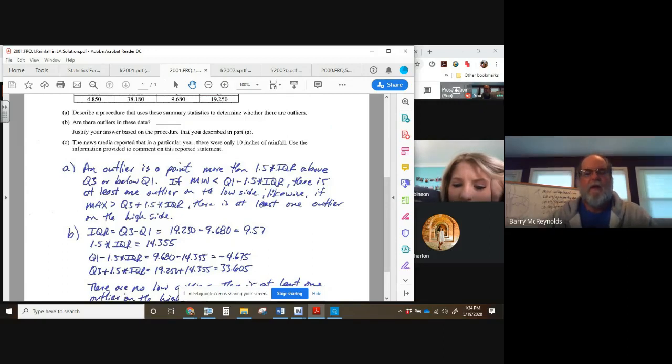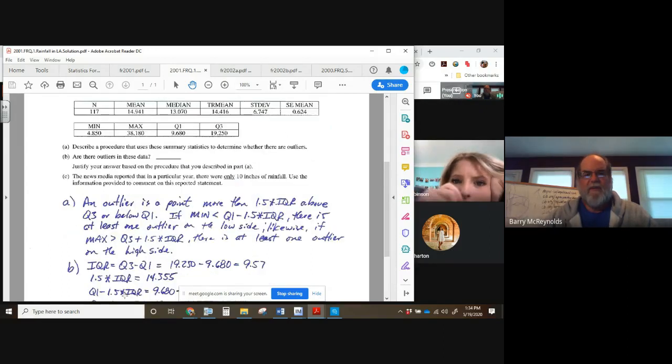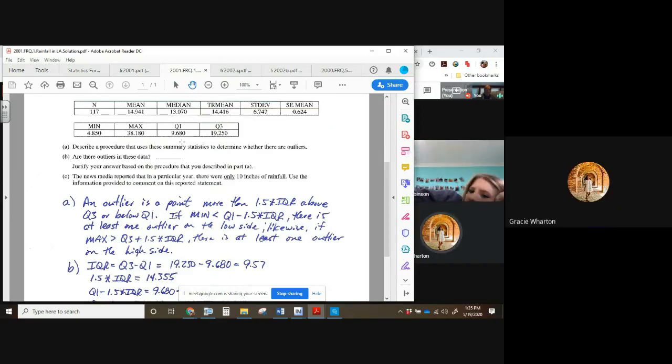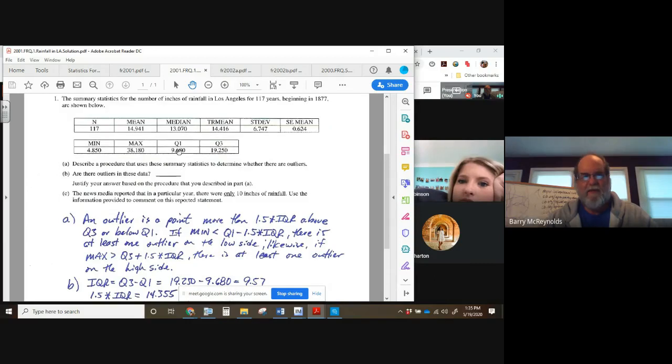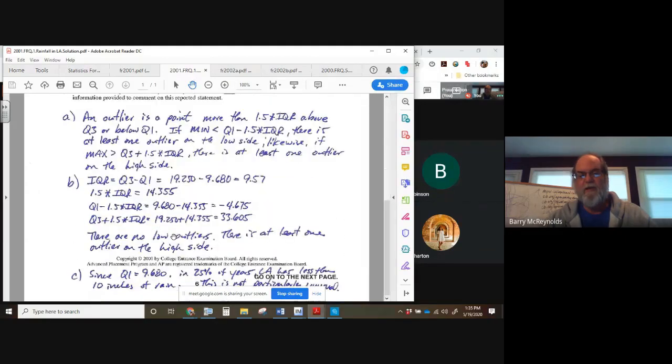Well, the definition of Q1 is that it cuts off the first 25% of data. And so Q1 being at 9.6 or 9.7 inches means that in 25% of the 117 years, so that's almost 30 years, there was rainfall less than 9.6, so certainly less than 10 inches as well.